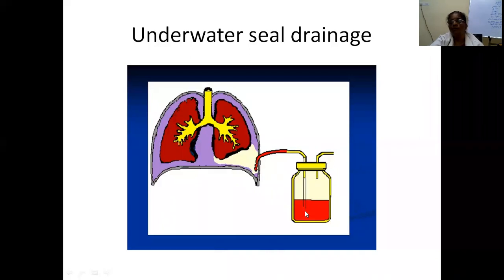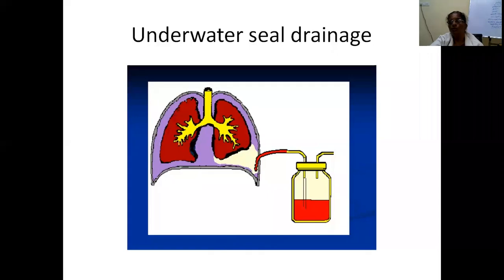If you keep the tube downwards like this, without the fluid, atmospheric air will enter the cavity, isn't it? This atmospheric air will enter the cavity, and if it is empyema, it will turn into pneumothorax.